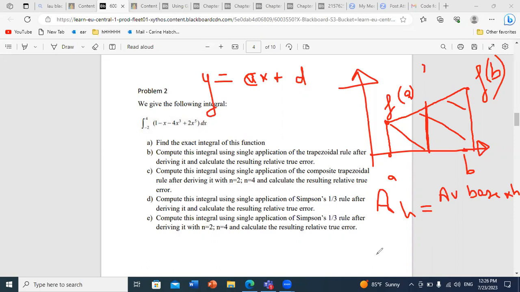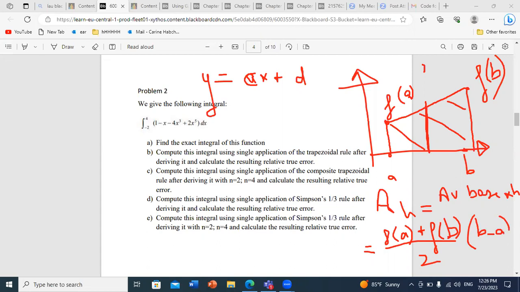If we apply it here, we'll get (FA plus FB) over 2 times (B minus A). Or the second method will be the following one.